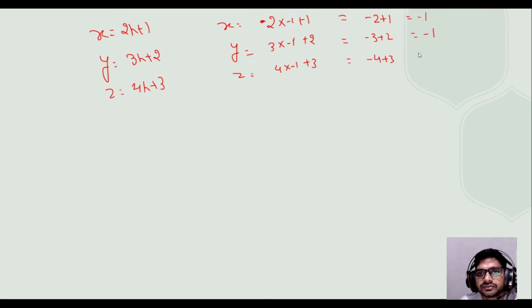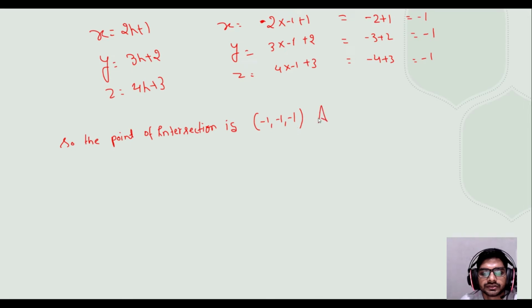This will give minus 1, - 1, and minus 1. So the point of intersection is minus 1, minus 1, minus 1. Okay, this will give the answer. Okay, so this is the method of how we solve the Cartesian equation.